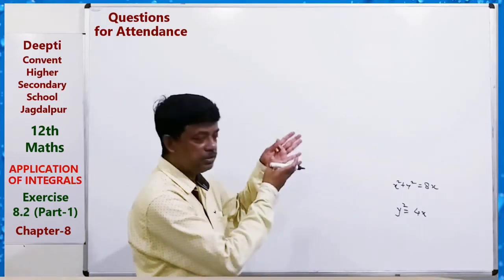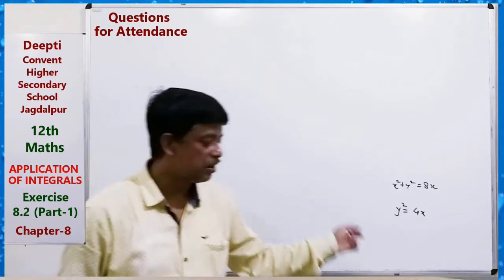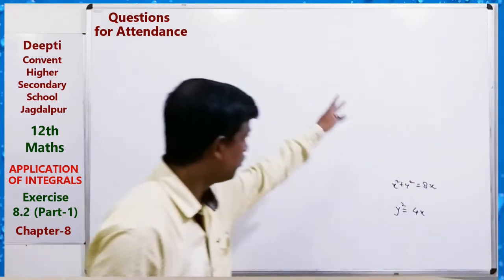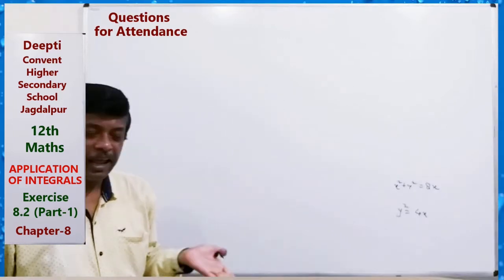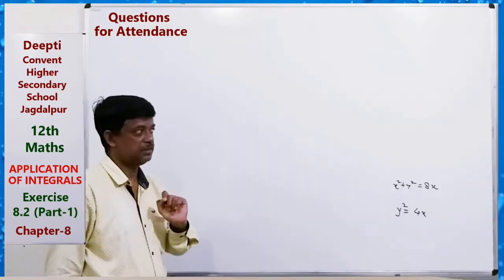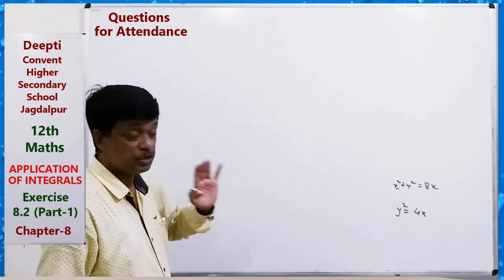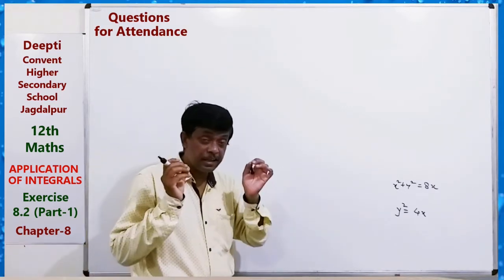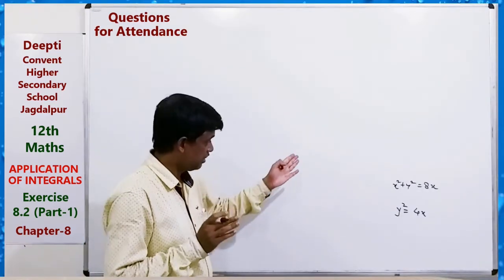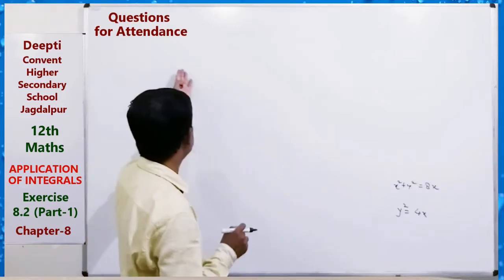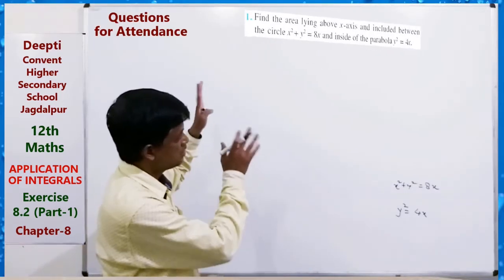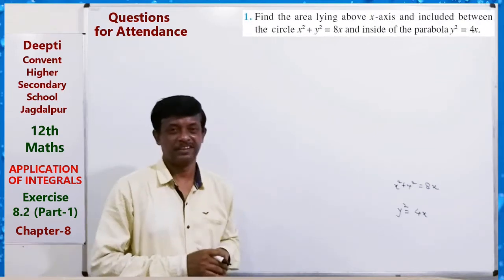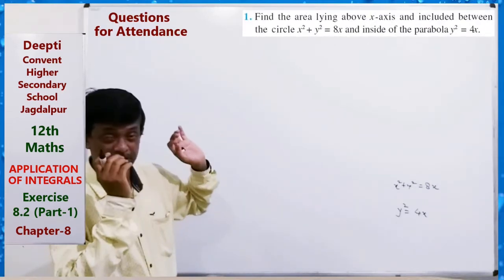Area included between inside of the parabola y square equal to 4x and lying above the x-axis. So you have to identify first what is the bounded area in the plane, then use the formula and solve it. So these three questions are for your attendance, but I will give a complete hint.